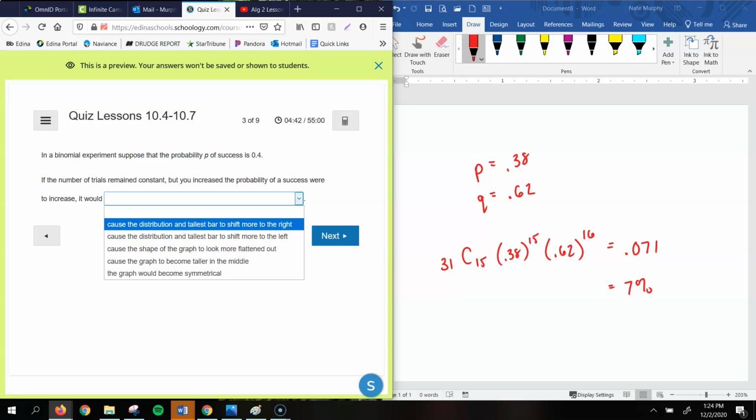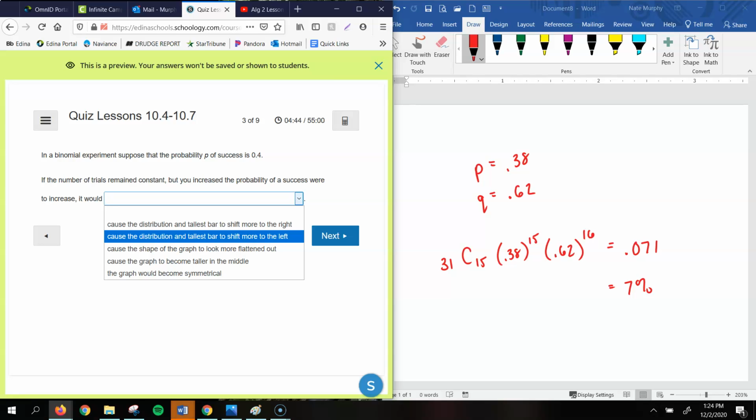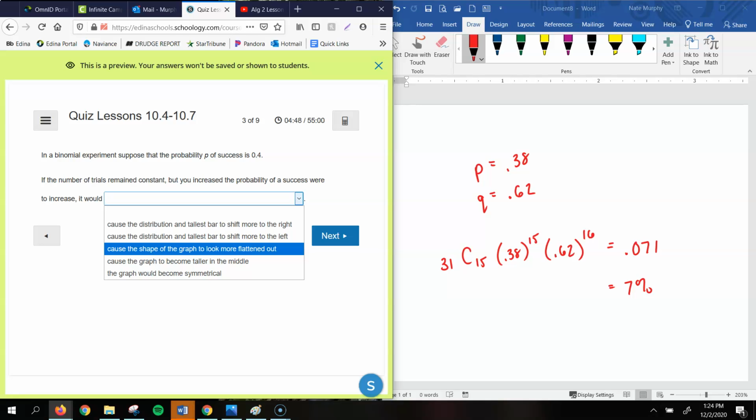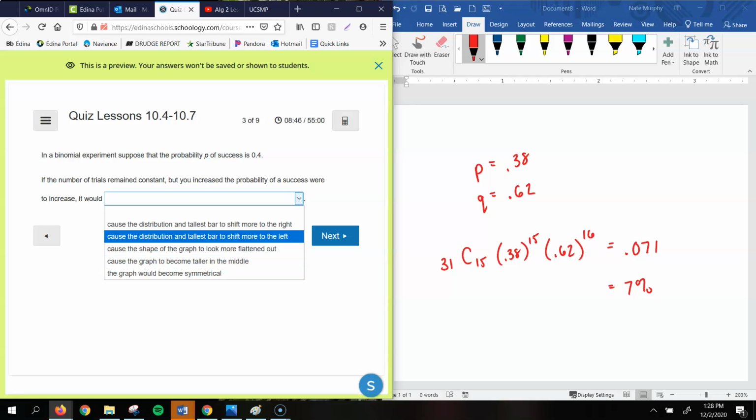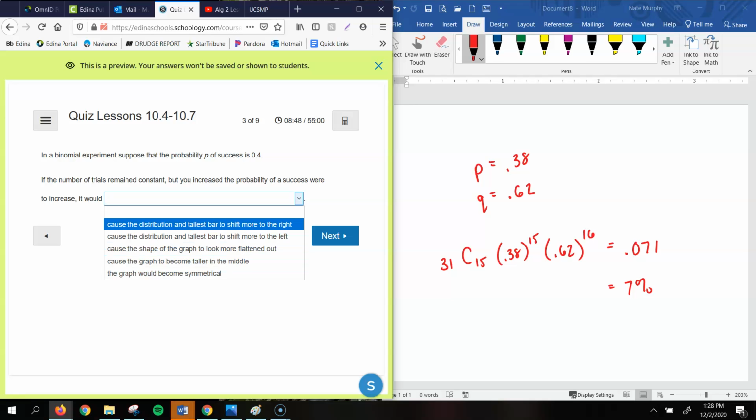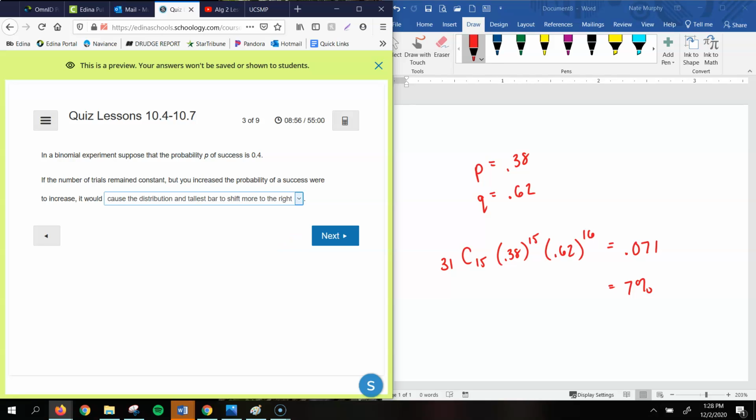Would the distribution and tallest bar shift more to the right, or shift more to the left? Would it cause the graph to look more flattened out, become taller in the middle, or become more symmetrical? Well, it's not going to do any of these other things. It's going to shift the graph to the right, because we started at 0.4, and if we increase the probability from there, it's going to shift the graph more to the right.